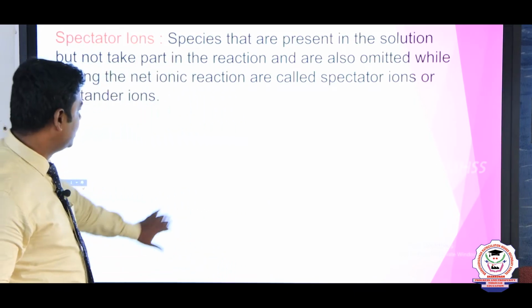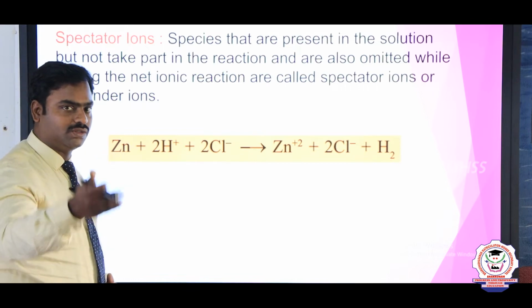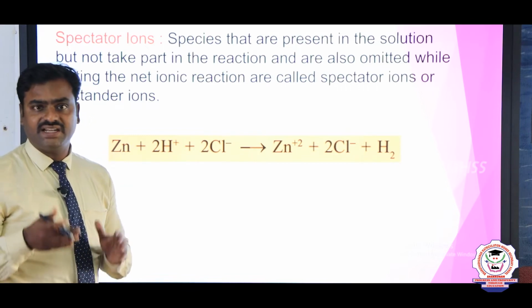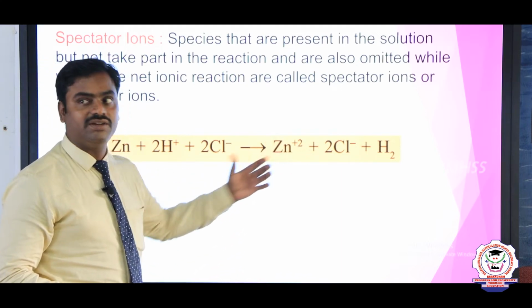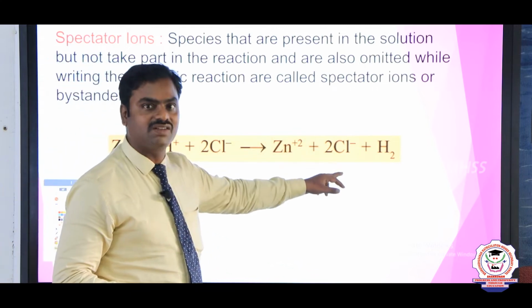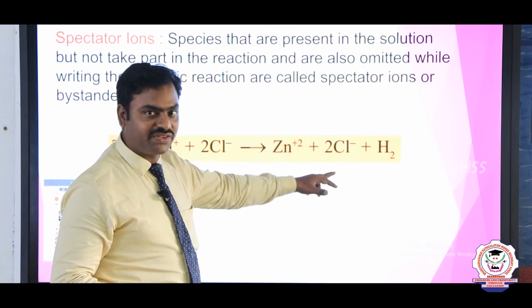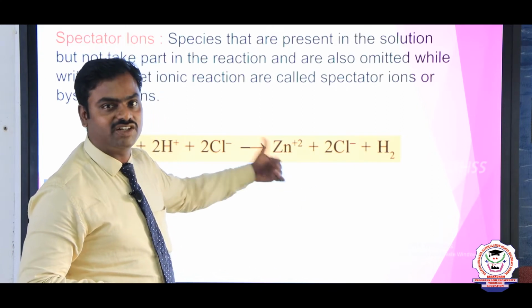I will give you an example. See here, zinc is oxidized into Zn2+, whereas the hydrogen ion, H+, is reduced into hydrogen gas. During this process, chloride, Cl-, is not changing its oxidation state. Both times it is maintaining the oxidation state. That is why we are calling it a spectator ion.